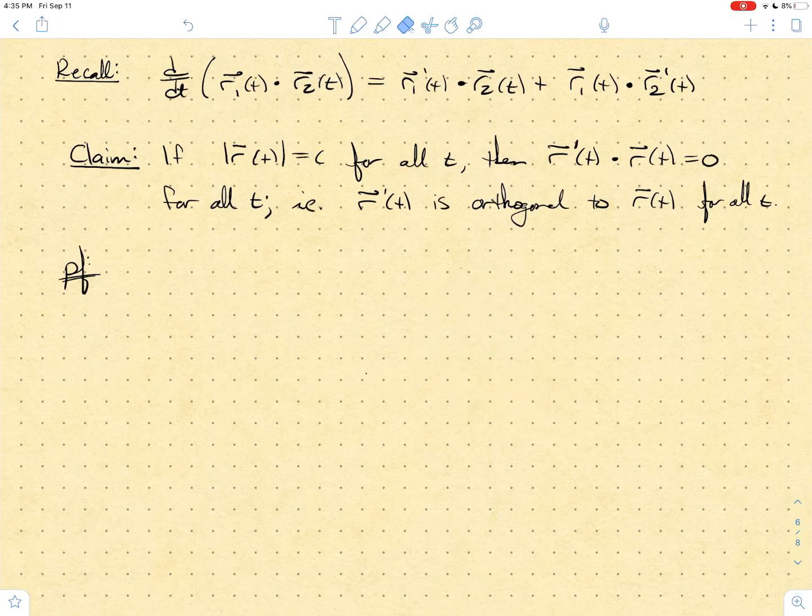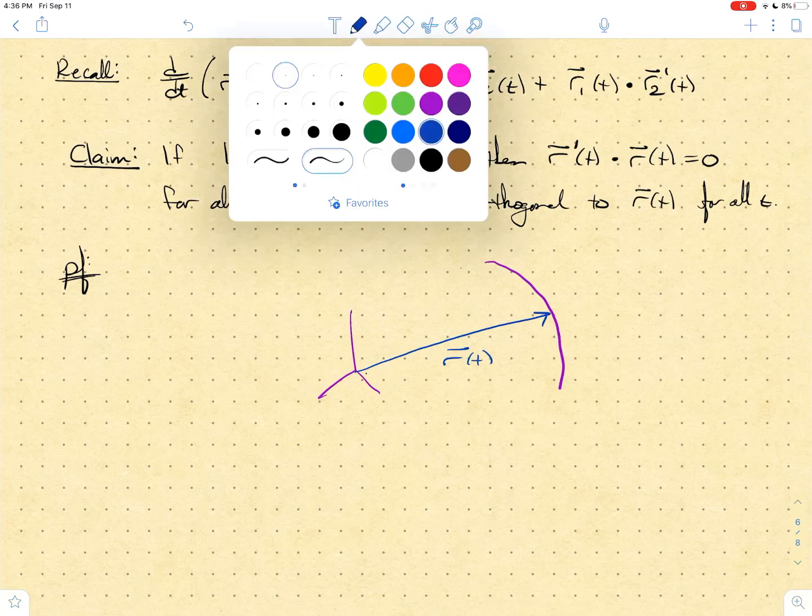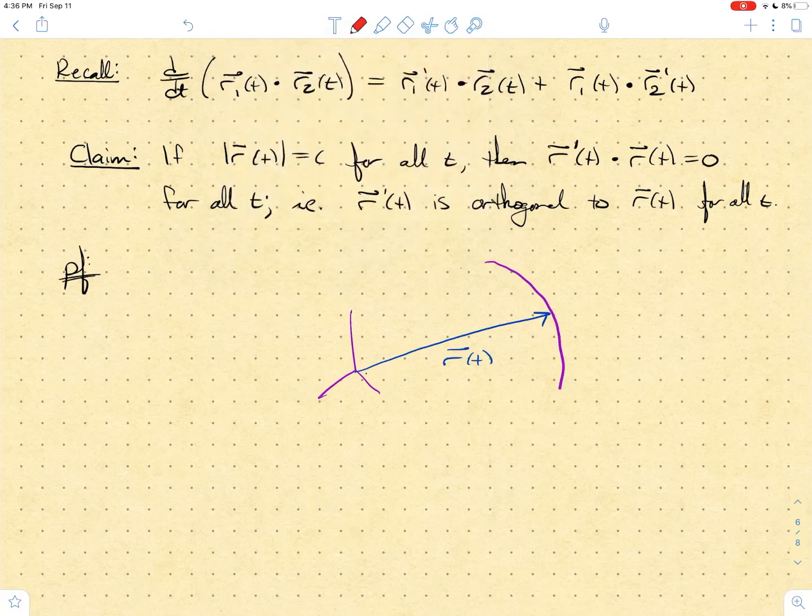The second picture is, let's sort of zoom in on our curve now. We're imagining this curve on the sphere. Here, down here is the origin, and I can go ahead and draw my r of t out, let's say right there. So here's r of t. What we're saying is the vector r of t and the vector r prime of t, which in this case is going to look something like that probably.